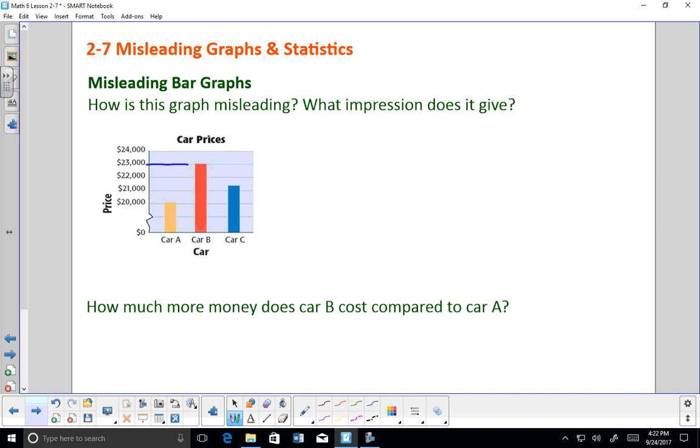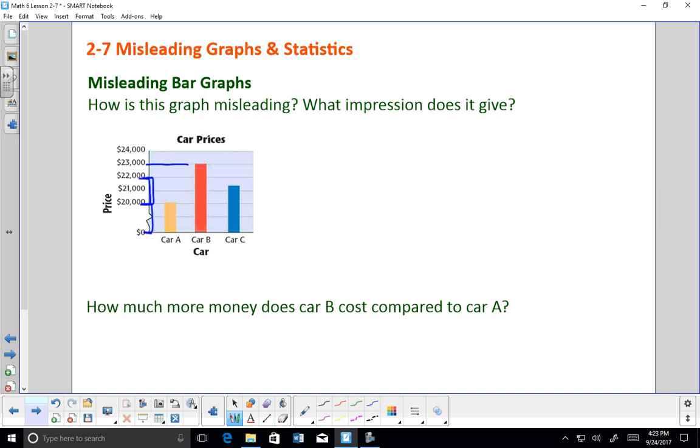So the gap from 0 to 20,000 is the same as the gap from 20,000 to 22,000. If you look at this interval right here, this interval is $20,000. This interval right here is $2,000, and it's the same amount of space on your graph. This can be very misleading.